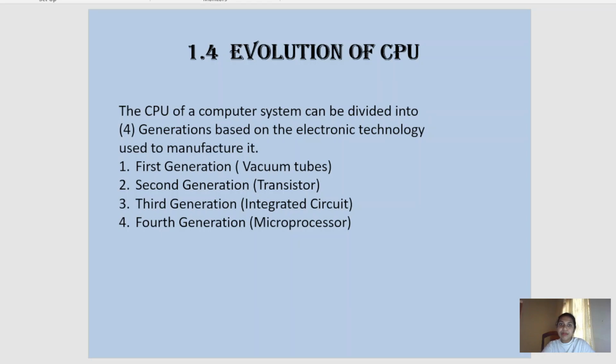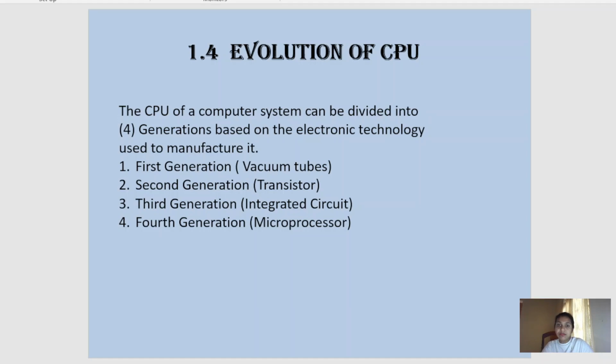The CPU of a computer system can be divided into 4 generations, based on the electronic technology used to manufacture the CPU. They are first generation, second generation, third generation and fourth generation.